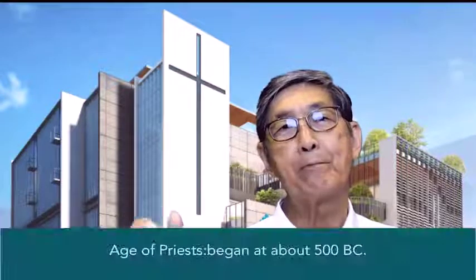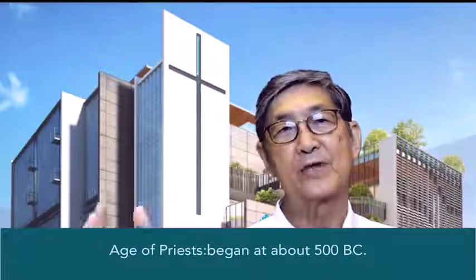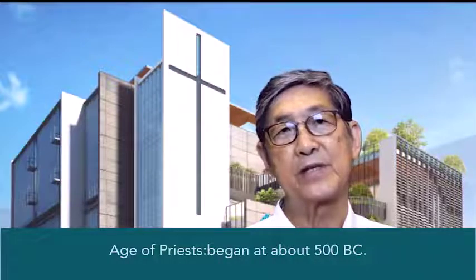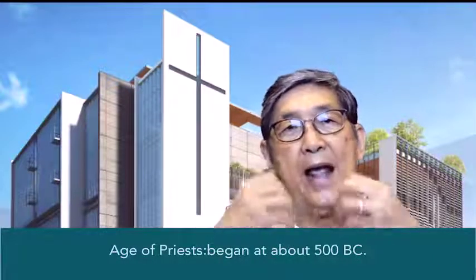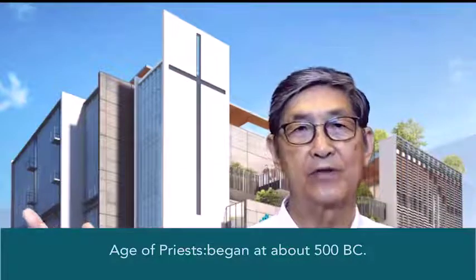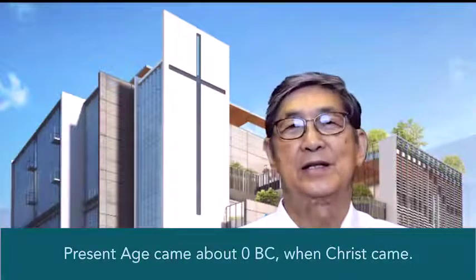Saul, King David. Then we move on to the priests, 500 BC. Because at 500 BC, Israel was in exile. There were no more kings left, no more princes left. So the ones that the Israelites looked up to were the priests, right? Then we go to 0 BC, Christ comes.